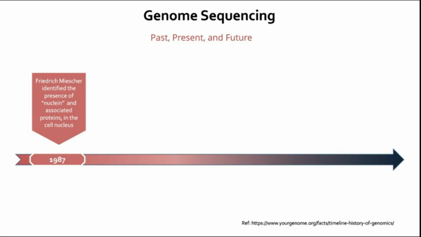In 1987 we got the first nucleic acid identified by Friedrich, and then in the 1900s, about 5 nucleotides.